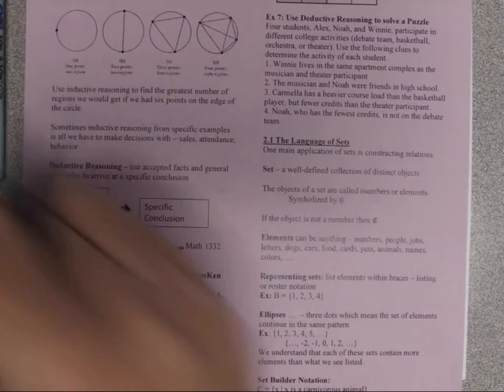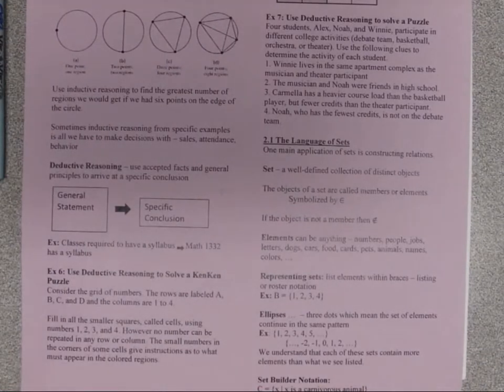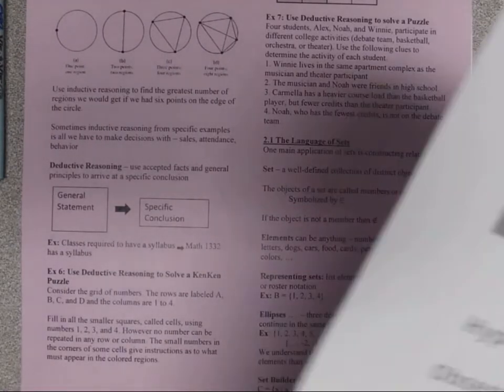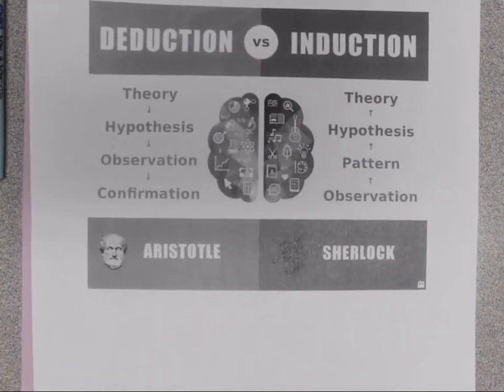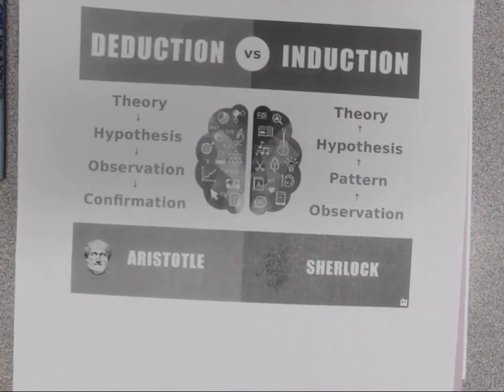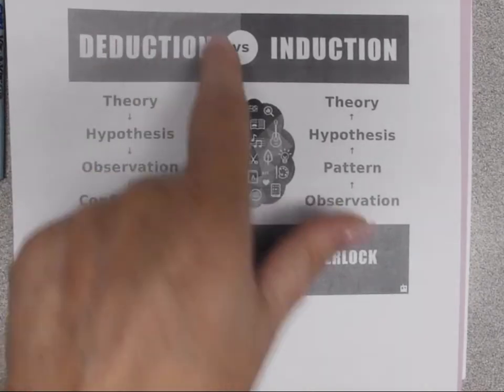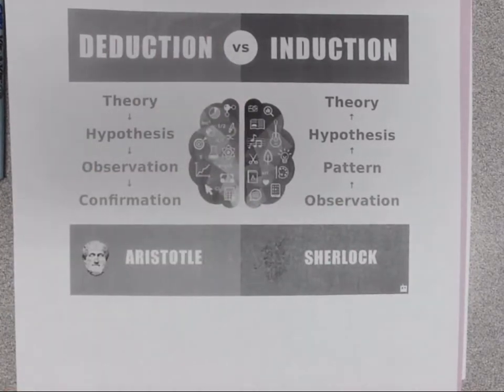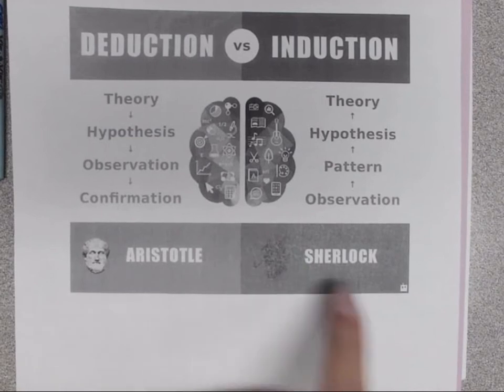So I want to talk a little bit about inductive and deductive just to make it a little more clear. Here we have, I found this on the web, so just so you know, I didn't create it, deduction versus induction, and Aristotle versus Sherlock. Induction was the first one we talked about.